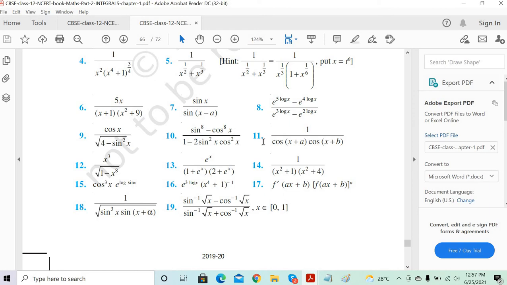Then one you can just put as sin square x plus cos square x. Then you group both the things together. Then you should be able to get some things.